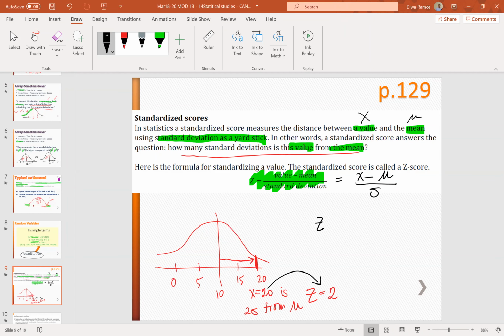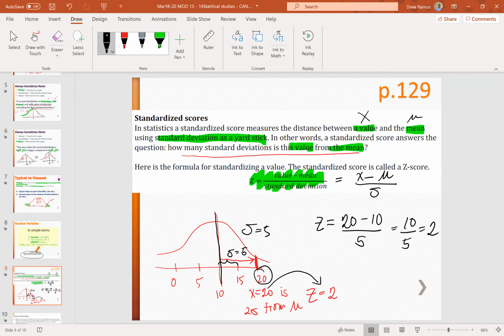So let's try that. If we use the same value, 20 minus 10 over 5, because the sigma here is 5 units. That's the standard deviation. We'll have 10 over 5, which is 2 standard deviations from the center. So that's how we look at the standardized score. We look at it as a distance. How far is the value from the center of the normal distribution?